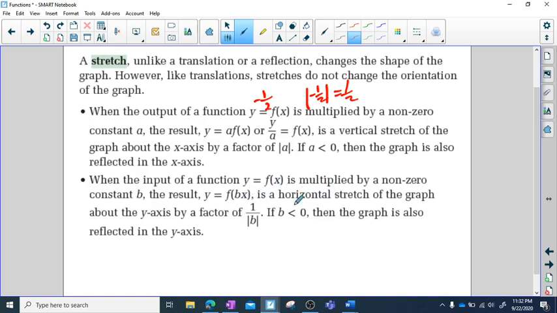The effect of this on a graph is if you put f of 2x, the stretch factor is actually going to be 1/2. Our brains might think, oh, we're going to double the x's. When you input 2x into a function, the actual impact on the graph is it makes the x values half of what they used to be. If you input a 5 here, the x values would be 1/5 what they used to be.